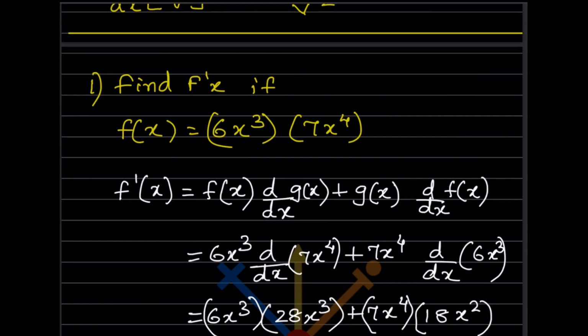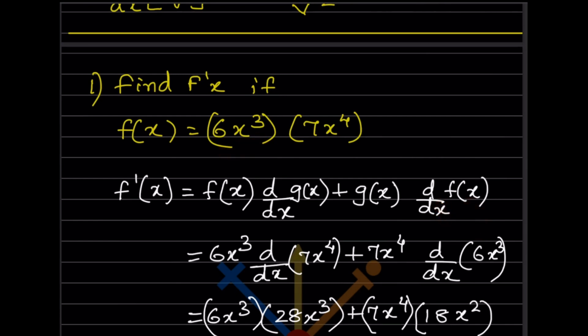So here what will you write now? f of x, you are going to consider this as 6x cube into d by dx of g of x, so 7x to the 4, plus g of x, means 7x to the 4 into d by dx of f of x, means this is 6x cube.